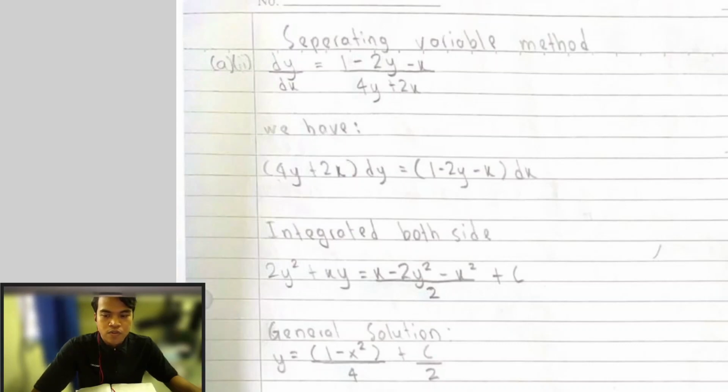Then solving for y, we find y equal in bracket 1 minus x power of 2 over 4 plus c over 2. So the general solution to the differential equation is y equal in bracket 1 minus x power of 2 over 4 plus c over 2, where c is an arbitrary constant of integration.